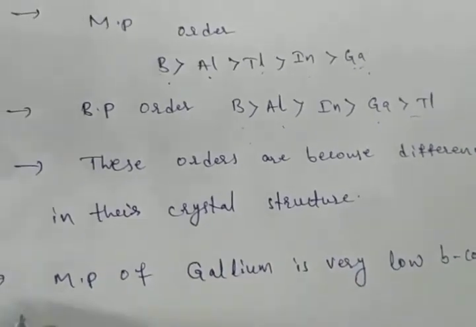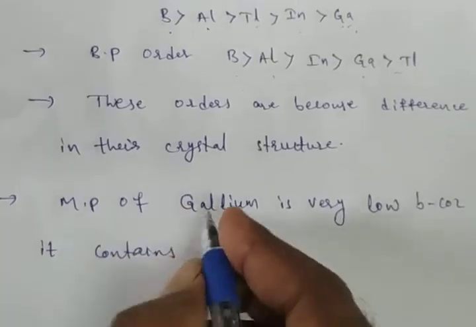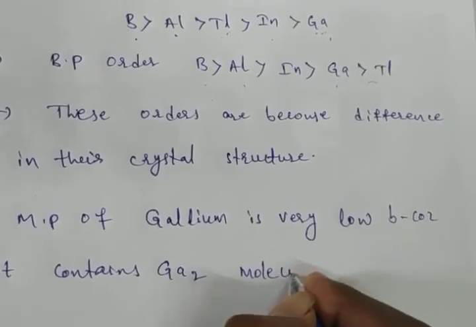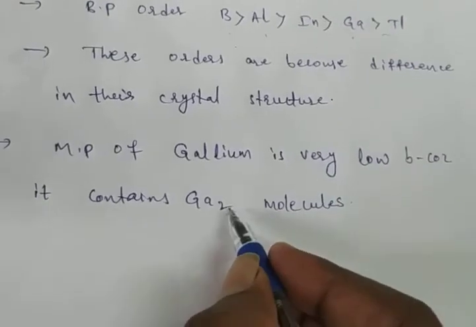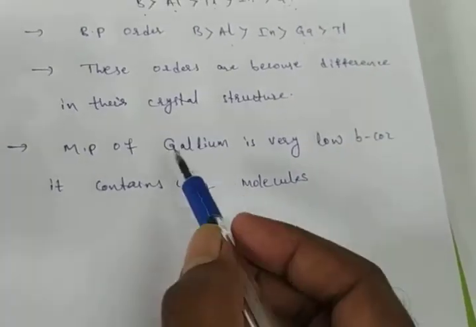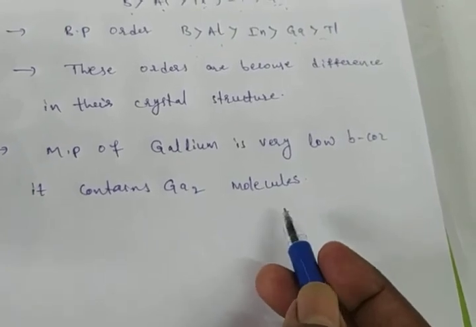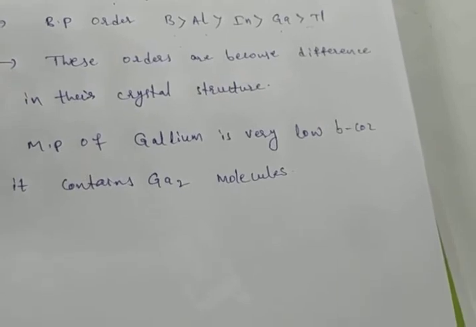What is the reason? It contains Ga2 molecule, a diatomic molecule. Ga2, 2 means diatomic. The melting point of gallium is very low because it contains diatomic Ga2 molecules. That's why it has a very low melting point.